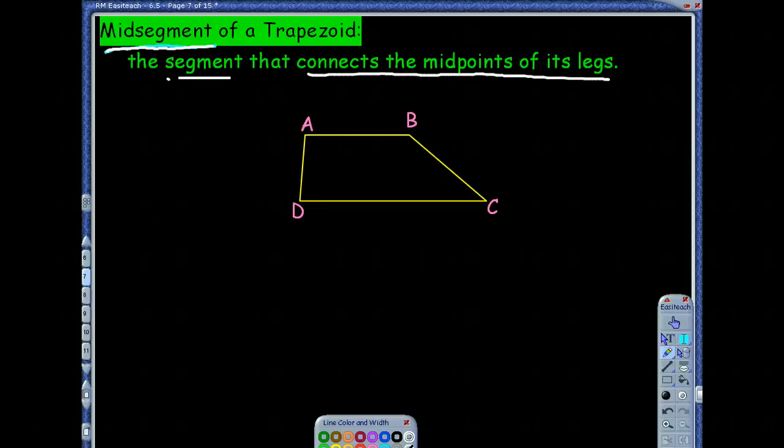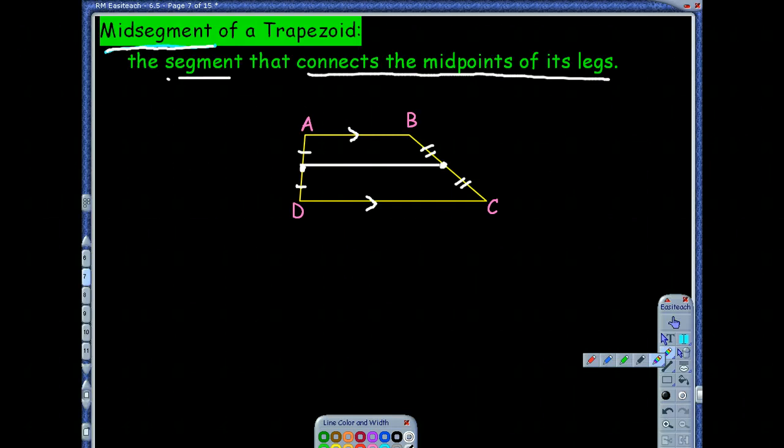Now, first of all, we have to know it's a trapezoid, so let me label this to make sure it's precise here. It says connect the midpoints of its legs. So what are the legs of this trapezoid? The legs are the non-parallel sides, so AD and BC are the legs. If I find the midpoint of each of those sides, and it doesn't have to be isosceles, and we purposely drew one that wasn't, and I connect those midpoints, that is the mid-segment.